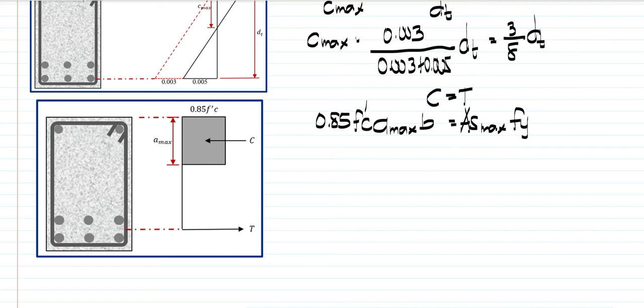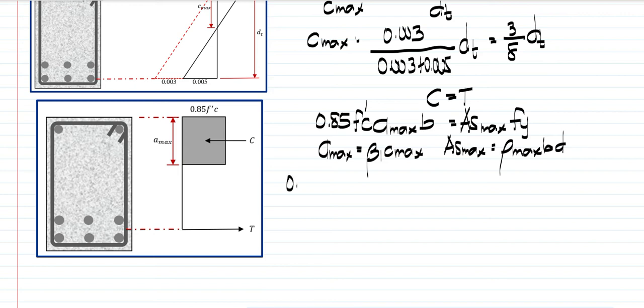We already know that a max is equal to beta 1 C max and As max is equal to rho max bd. So substituting these values to our equation, we could get 0.85 F prime C beta 1 C max b is equal to rho max bd Fy.